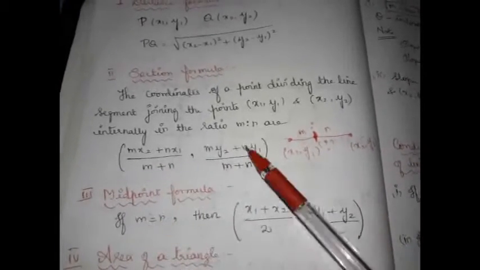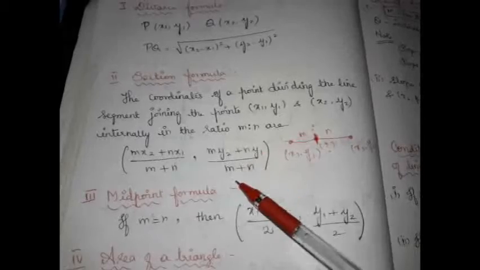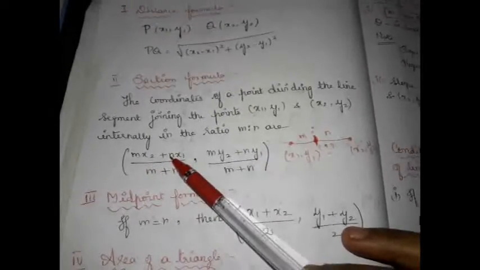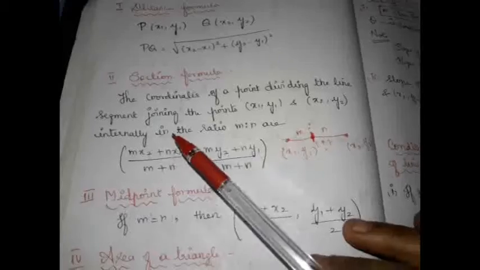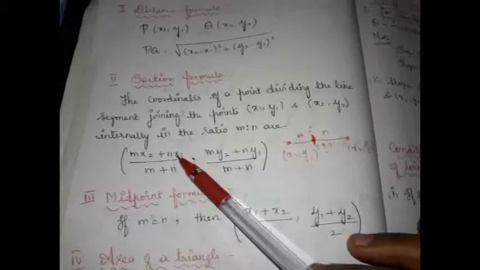This formula reduces to (x1 plus x2) divided by 2, (y1 plus y2) divided by 2, because we replace m with n in the formula. In the numerator you get the same thing, so if you take m common, the m in the numerator and the m in the denominator get cancelled. So you get (x1 plus x2) divided by 2, similarly (y1 plus y2) divided by 2. That is called the midpoint formula.